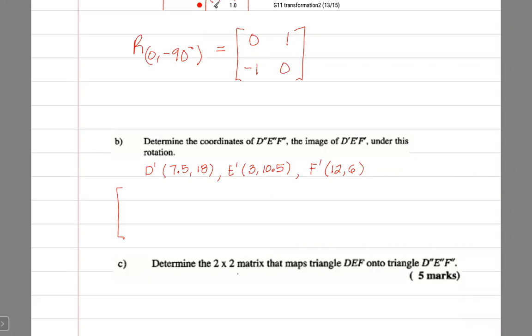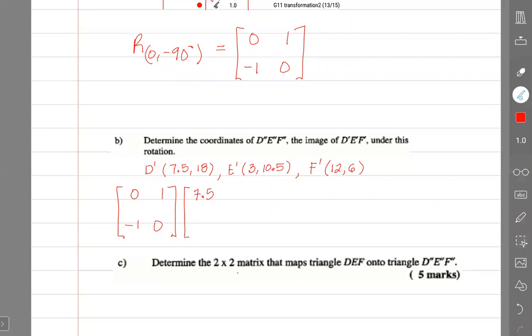So I'm going to apply this transformation, [0, 1; -1, 0], to these points: D prime, which is (7.5, 18), E prime, which is (3, 10.5), and F prime, which is (12, 6).